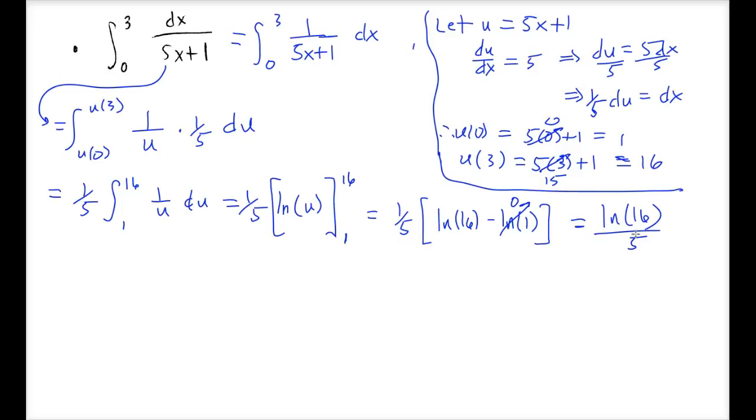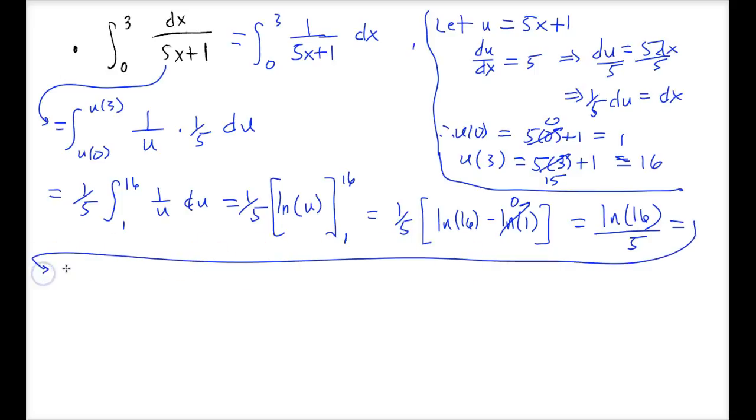If for some reason you need to have your answer as just natural log of a number, then we could go a little further here. Not saying that you have to do this, but if it's convenient to have everything in terms of just natural log of a number, then we know that what we have here is the same as 1/5 times natural log of 16. And we have a logarithm property that allows us to take this 1/5 and put it as an exponent to the 16 inside the logarithm.